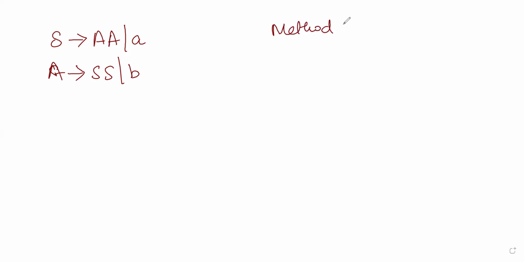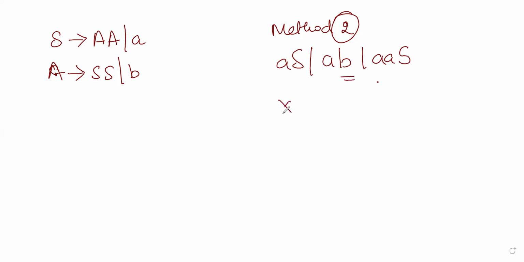The first question that I solved for you is S gives A and A gives S and B. I cannot use the method 2 format to solve this, where in method 2 I had AS or AB. In that format I can easily create a new variable, substitute it, and make this GNF.